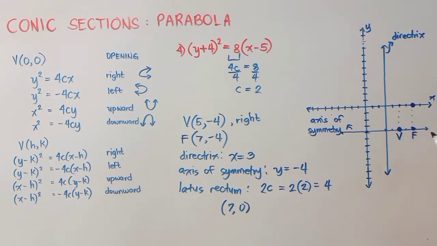And the other one, 4 units below, 1, 2, 3, 4. This point here is (7, -8). And then we will just have to connect the endpoints of the latus rectum to the vertex, forming a curve. And this is our final answer.